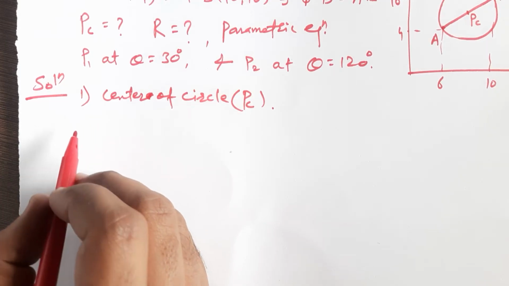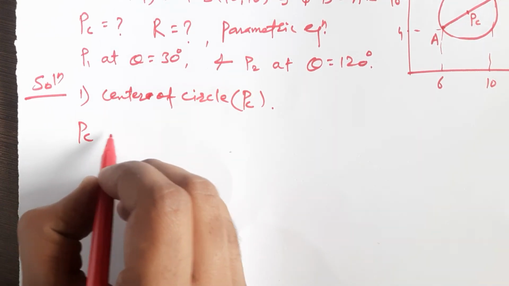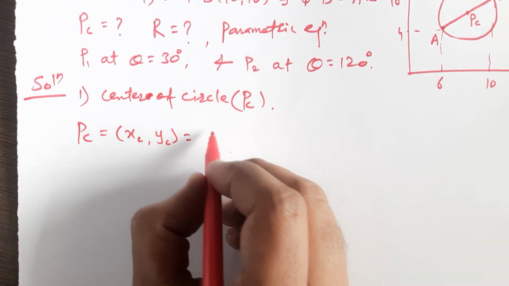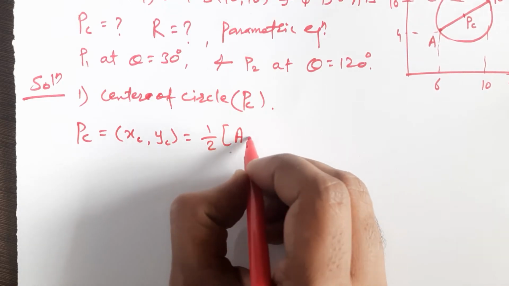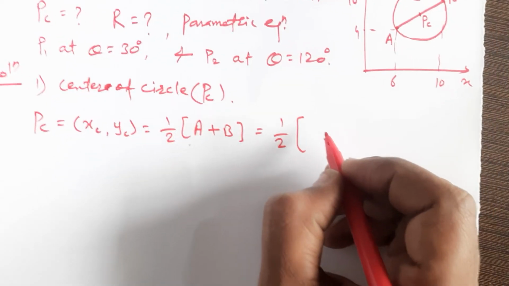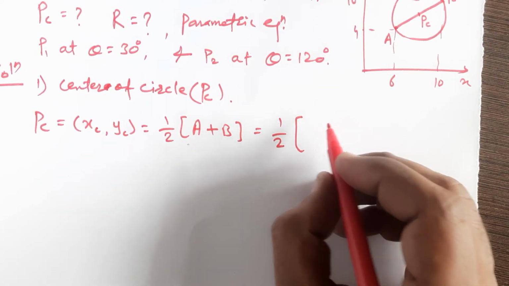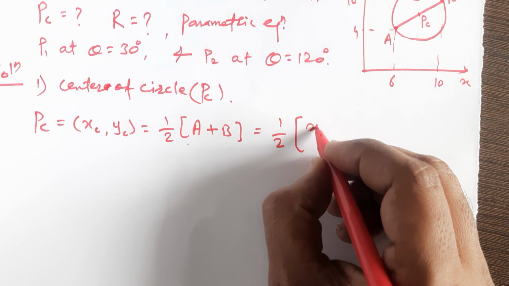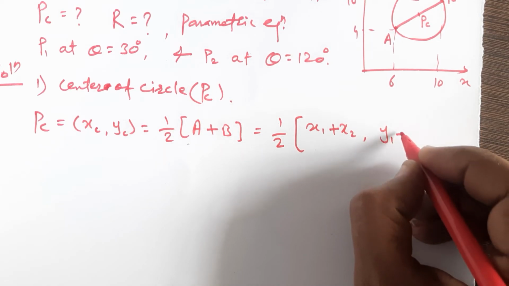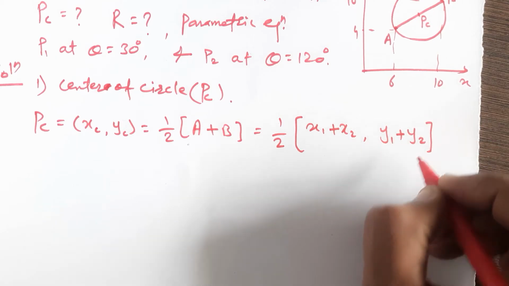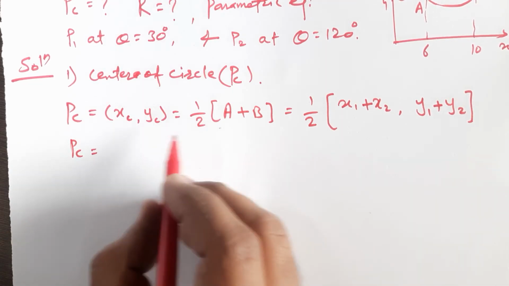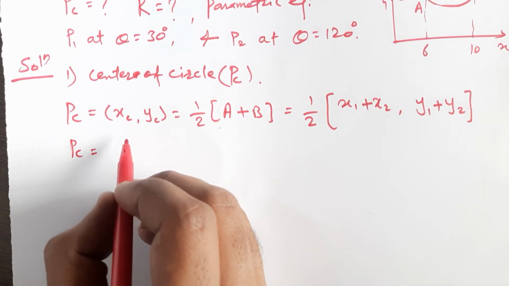So the coordinates of PC, you can call it xc comma yc, are nothing but half of A plus B. Now A is x1, y1 and B is x2, y2, so PC is equal to x1 plus x2 divided by 2 comma y1 plus y2 divided by 2.